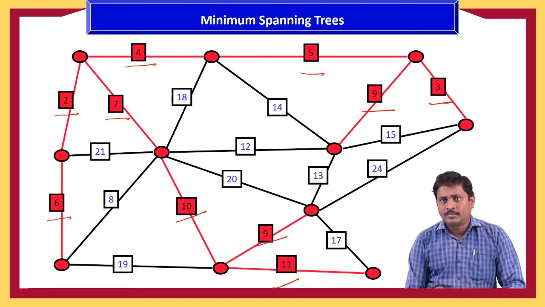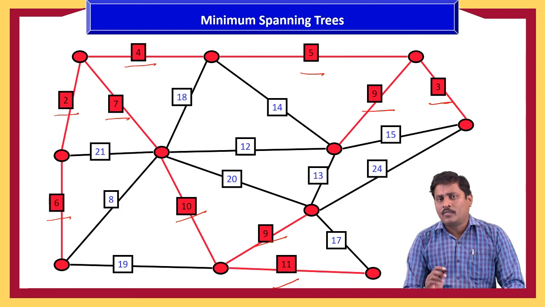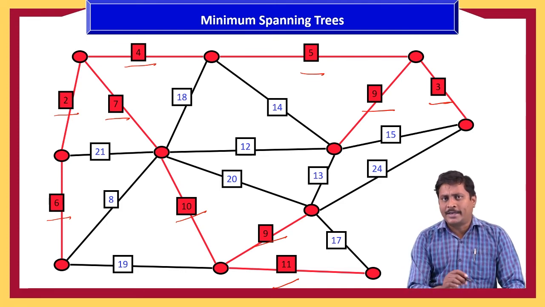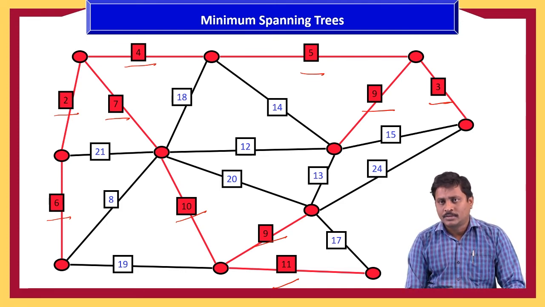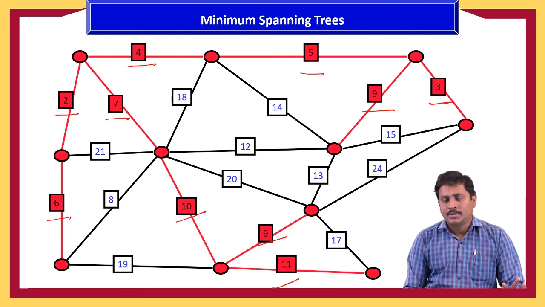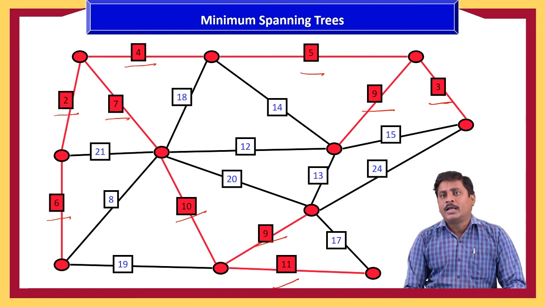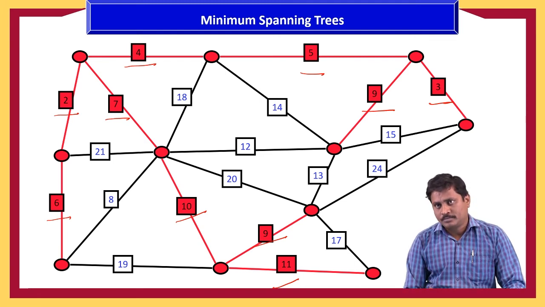Now we observe this path. Does it cover all the vertices? Yes, it covers all the vertices, which means now it is a spanning tree. Suppose we try to connect any other edge to this path, that edge forms a loop.